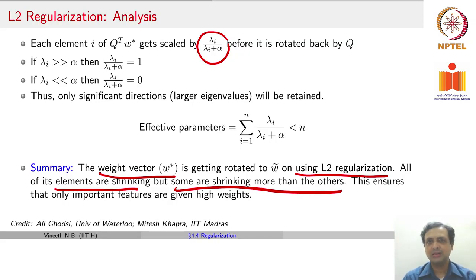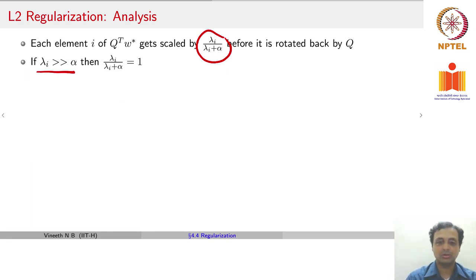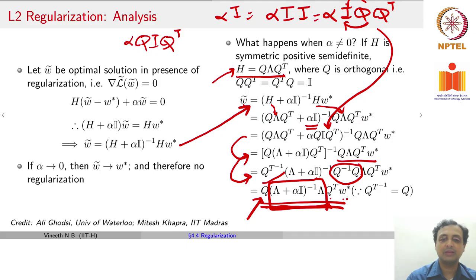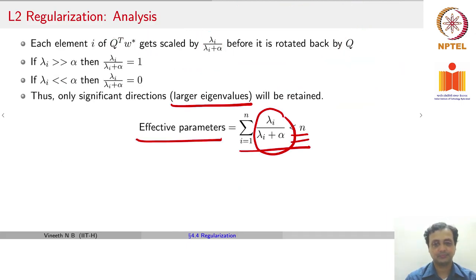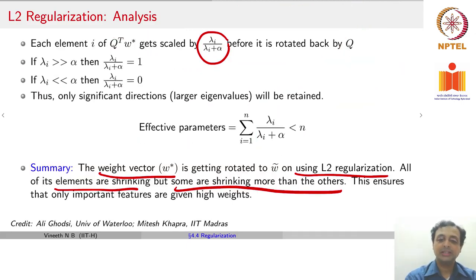And what are those eigenvalues? Eigenvalues of H, the Hessian, as we wrote a couple of slides back. This ensures that only important features get high weights and other features may not get high weights. That's one way of understanding L2 weight decay.